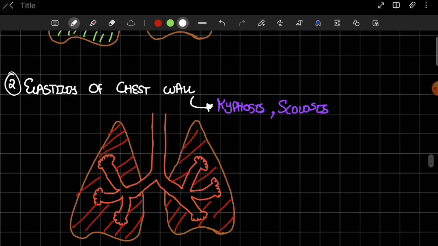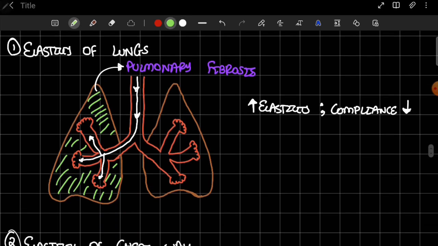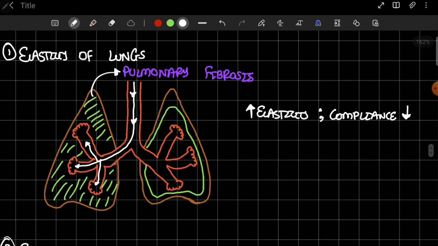Now in this case, one more thing, we also know there is a layer, the visceral pleura, in the lungs. In emphysema, we have described pulmonary fibrosis in the right lung, see this one. Now we will describe emphysema.